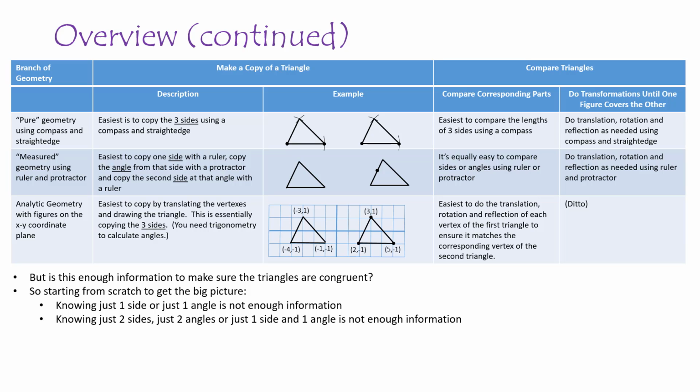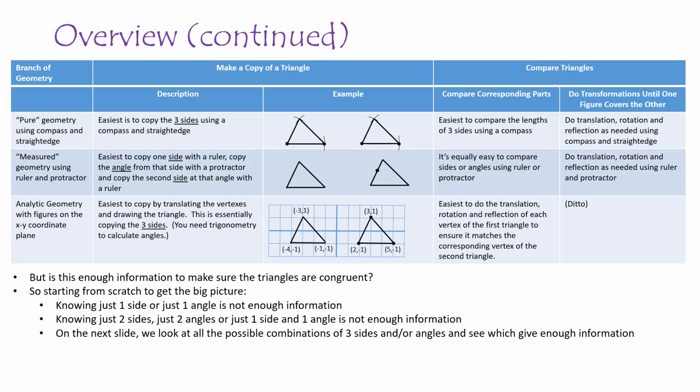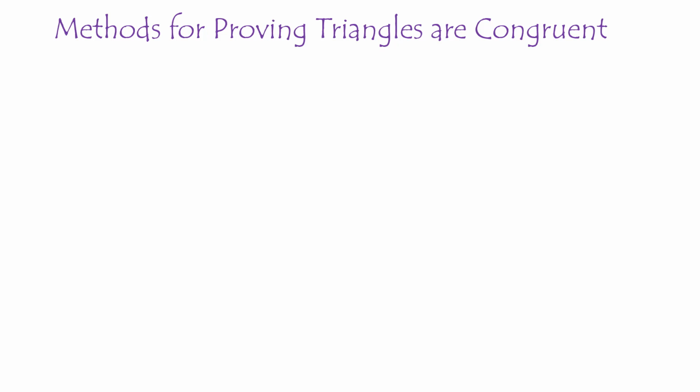And I think if you thought about it or tried it, you would see that's true. So we definitely need three pieces of information, about the sides or the angles, but which combinations will give us enough information? So we're going to look at that on the next slide.